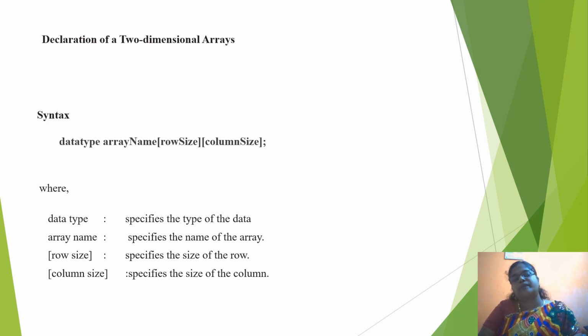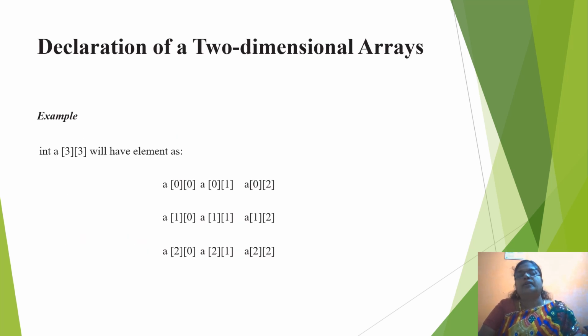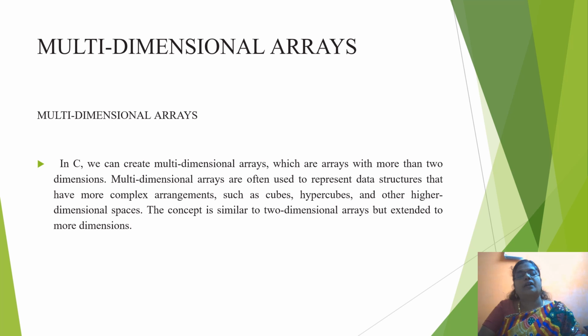Data type specifies the type of data. Array name specifies the name of the array. Row size specifies the size of the row. Column size specifies the size of the column. An example of this one is int a of row size and column size, which will have the elements as like this.